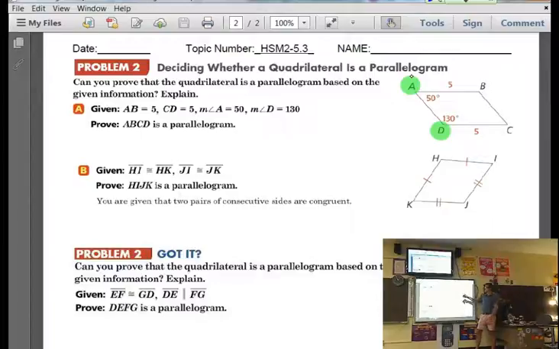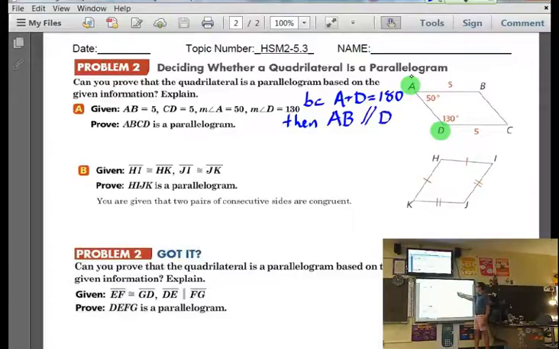The first thing we would say here, in really shorthand, is because A plus D is supplementary, AB is parallel to DC.